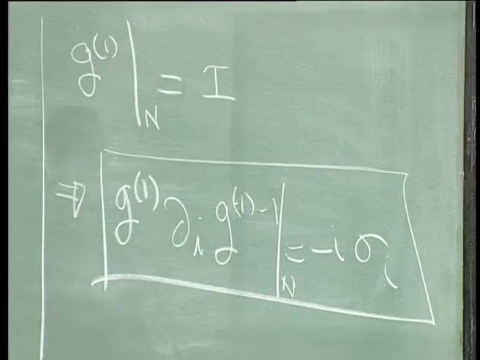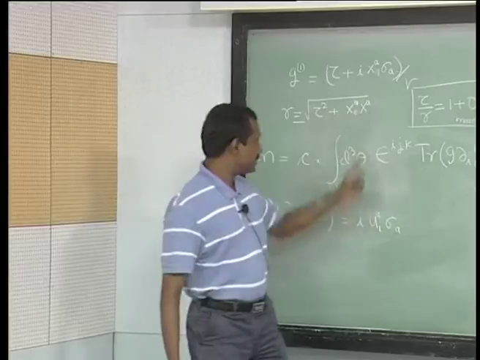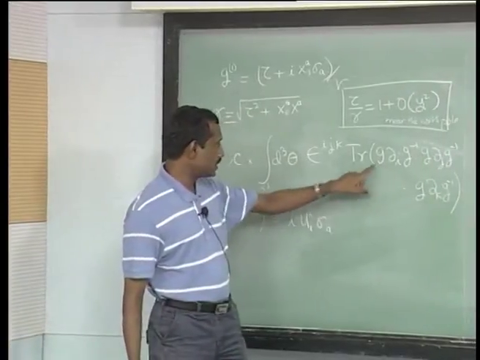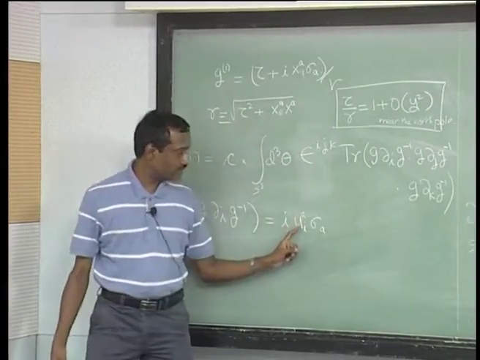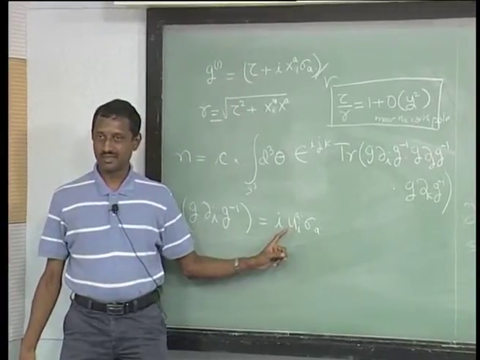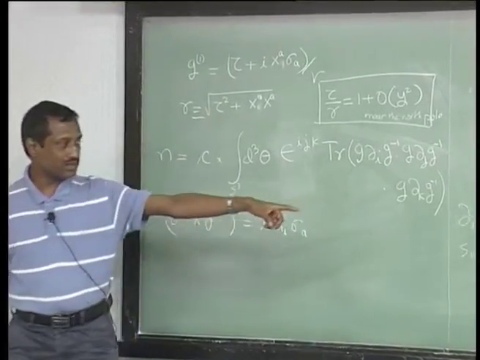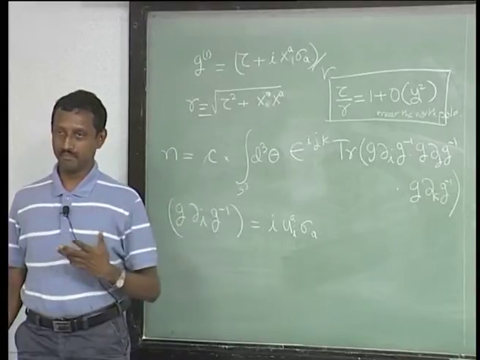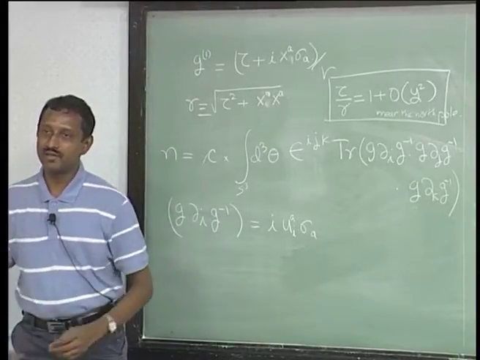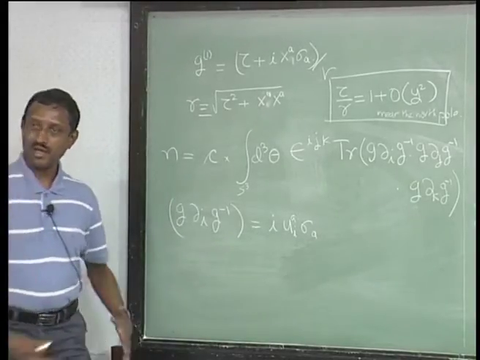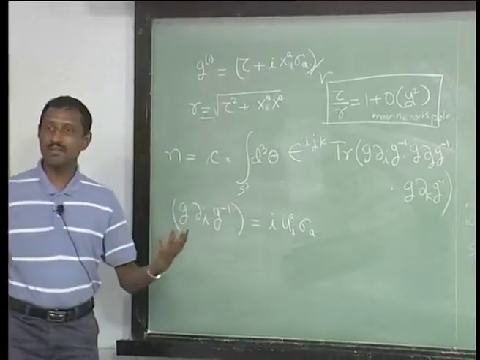Okay. And we had done this calculation yesterday, putting this in here, and we found that we were getting the determinant of U. And what does that tell you? That the determinant of U is equal to 1. Okay. That is really the relevant thing.